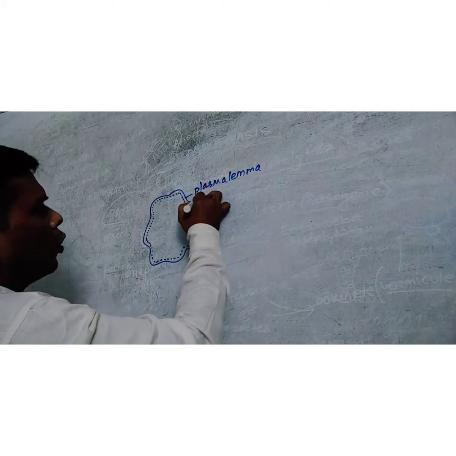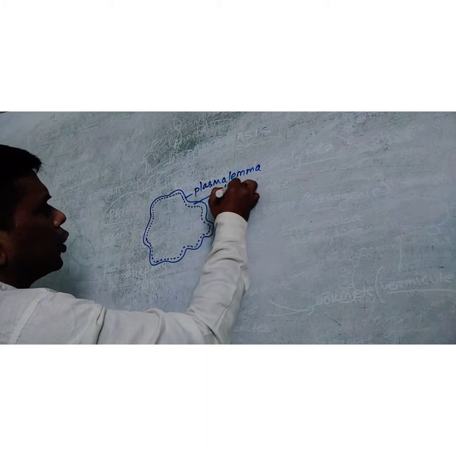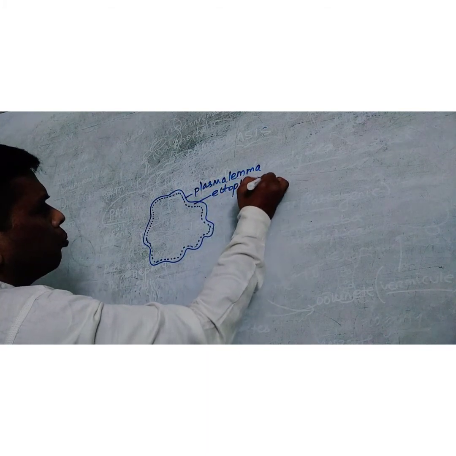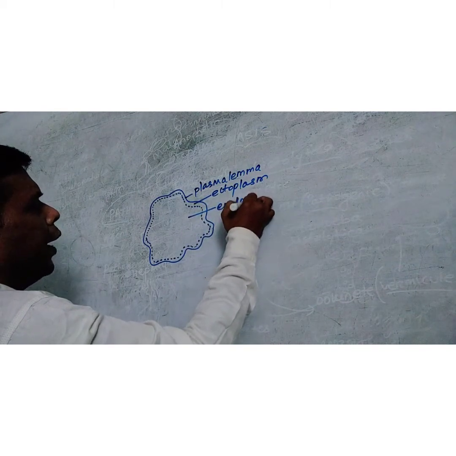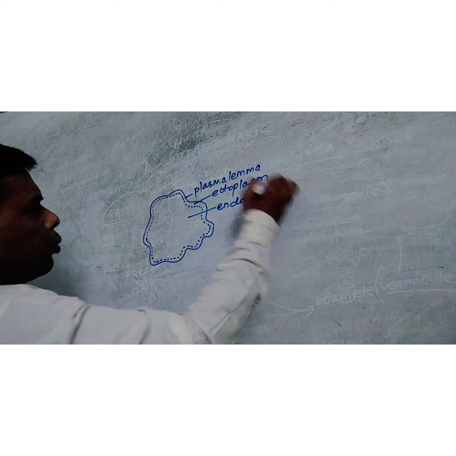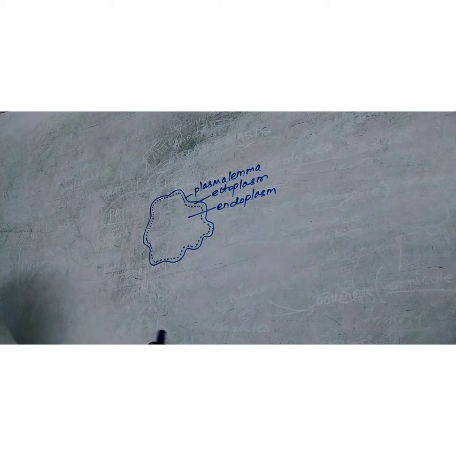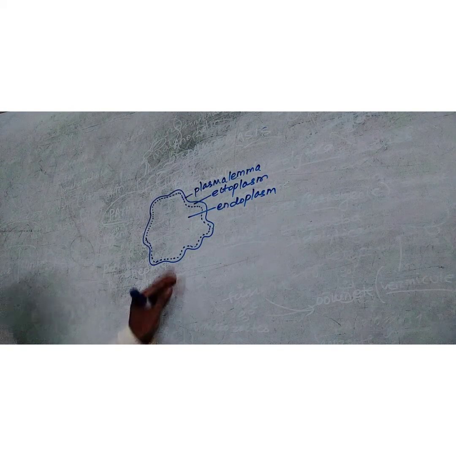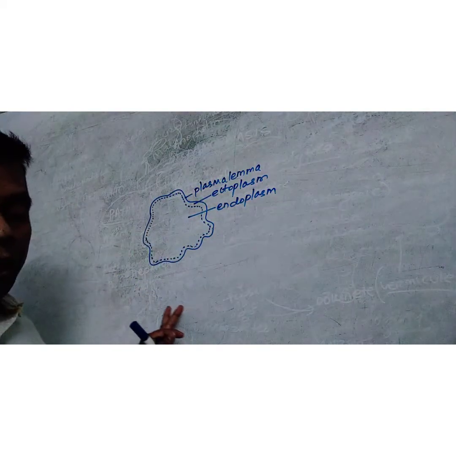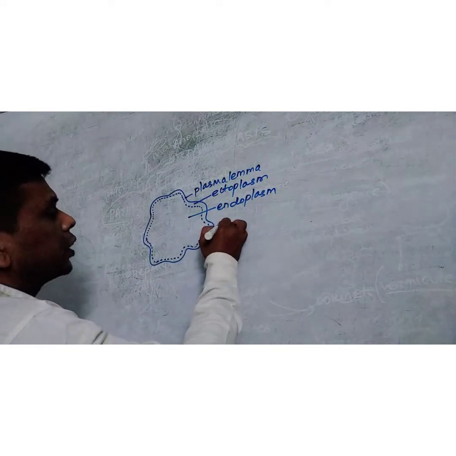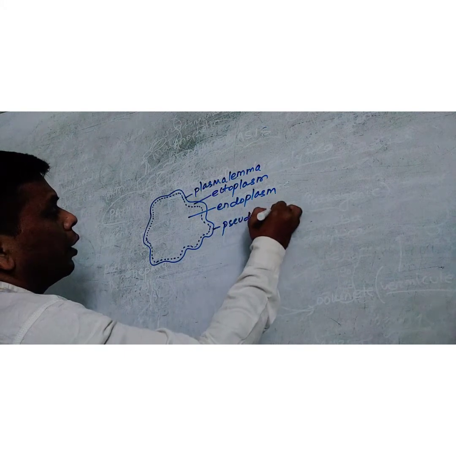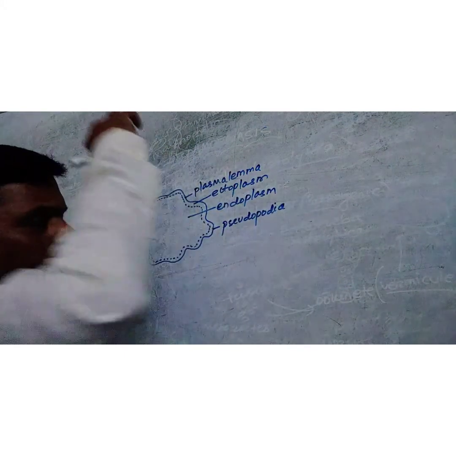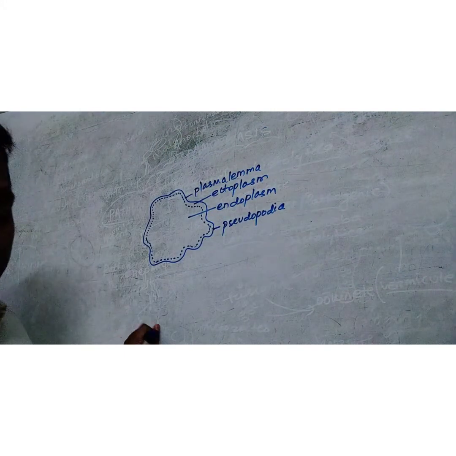Like all other protozoa, it has an ectoplasm. Below the ectoplasm, there is the endoplasm. The body surface bears pseudopodia. Like amoeba, it also has pseudopodia.